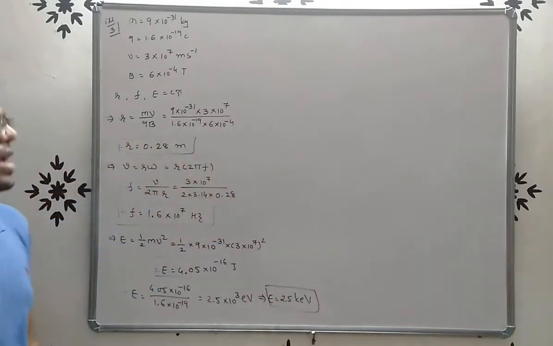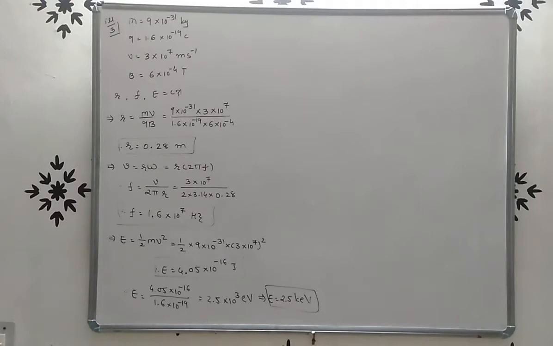So simply if we know the formula, then we can easily find out the value of radius, energy and frequency. Once again, to find out the value of radius, we use the formula R is equal to mv upon qB, right?